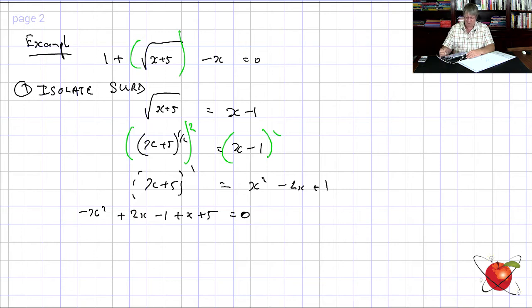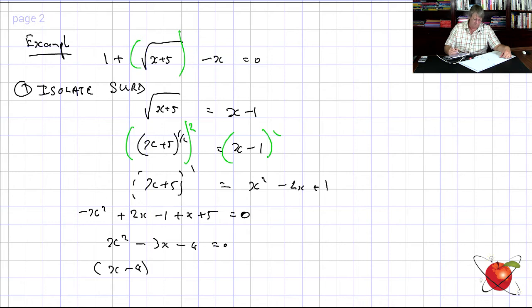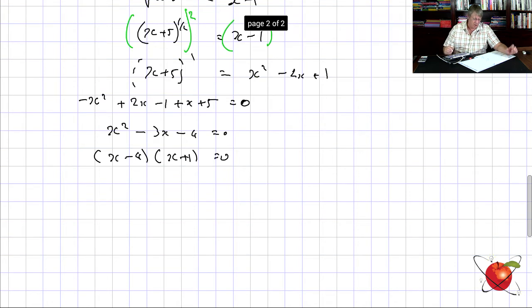We're making it into a straightforward trinomial. Most of them end up like this. Therefore, we end up with x squared minus 3x minus 4 equals 0. Factorize that and we get x minus 4 and x plus 1, leaving us finally with two solutions again: x equals 4 or x equals minus 1. We have to check.